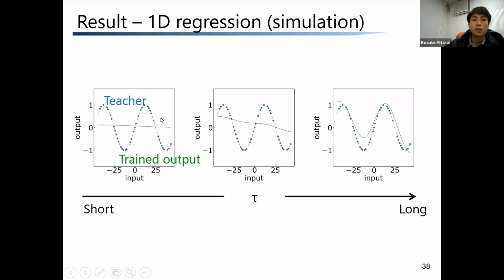This is a result from the simulation, and it basically performs the same as the experimental result too.